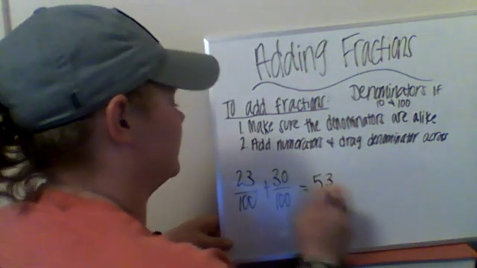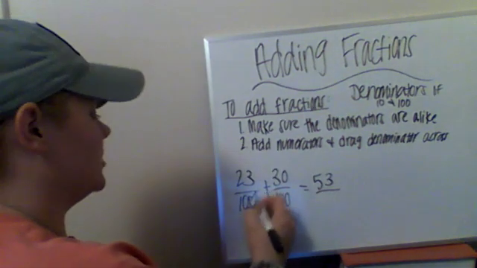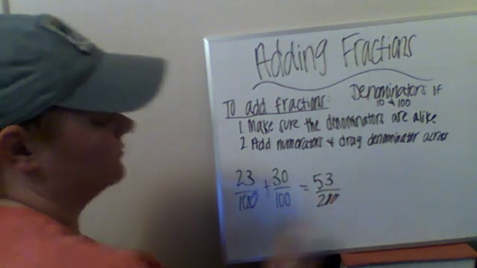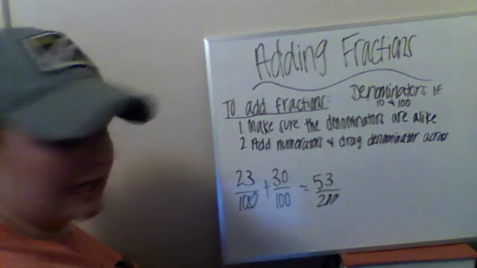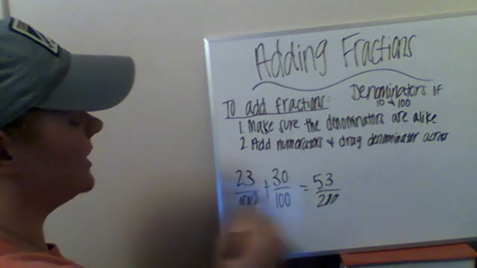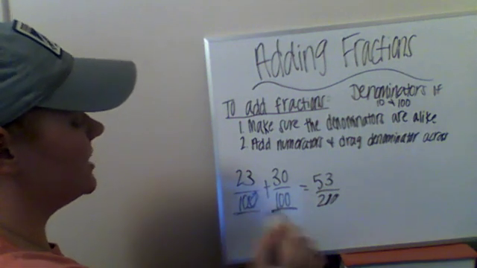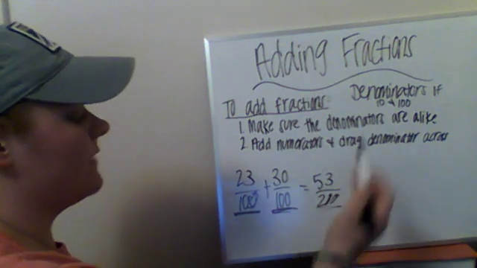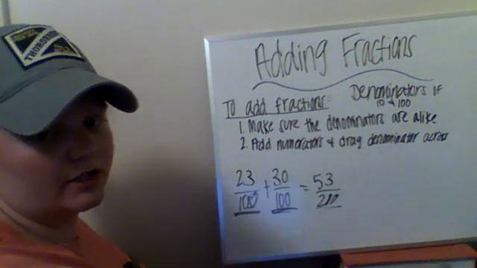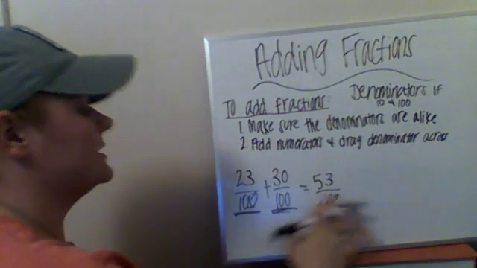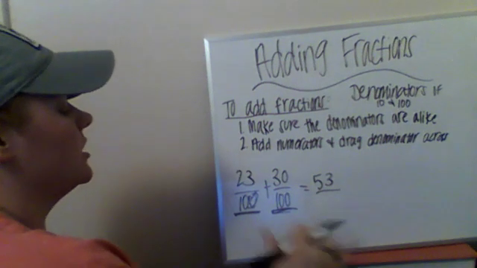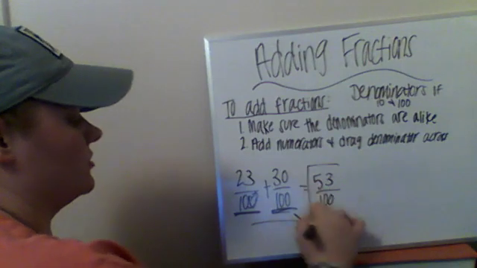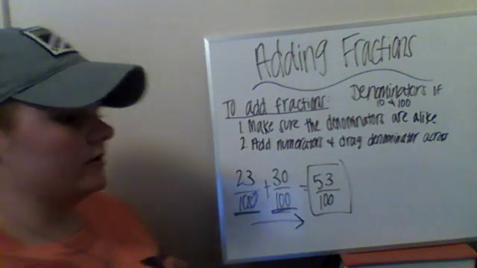Now you get to the denominator and you might want to say, oh, 100 plus 100 is 200. That is not the answer, because you spent all this time making sure your denominators are like, 100, and now you have a whole different type of whole that you're dealing with. You do not want to do that. So instead of it being 200, you just want to drag your denominator over, which would be 100. So the answer to this problem would be 53 hundredths.